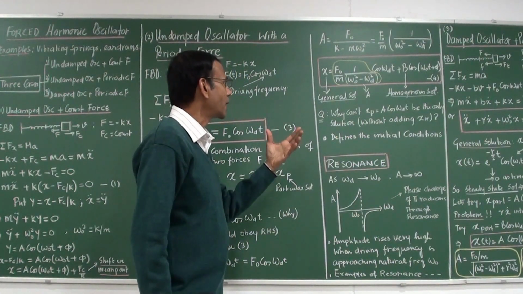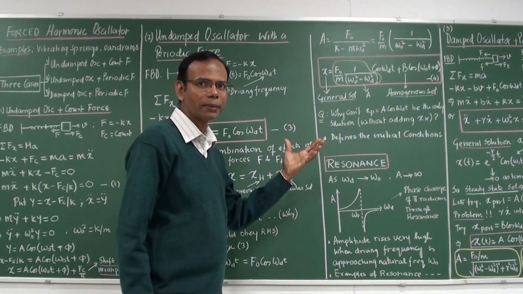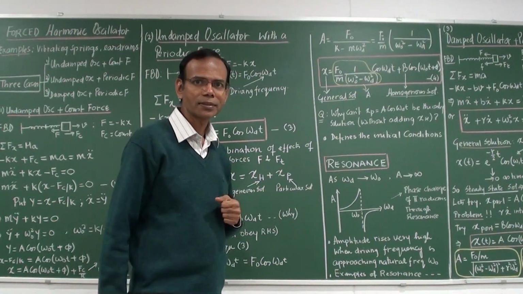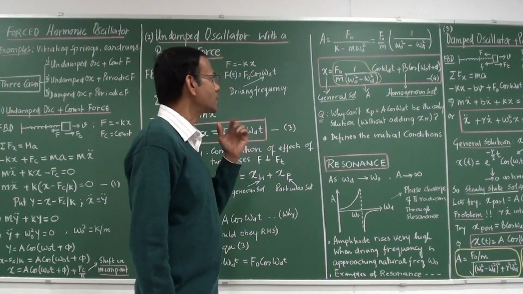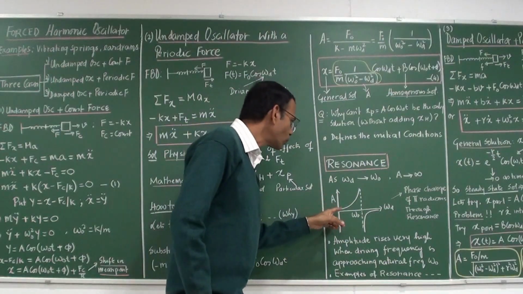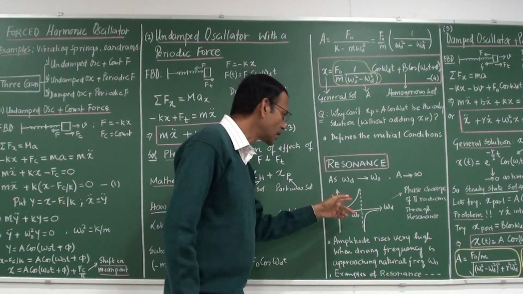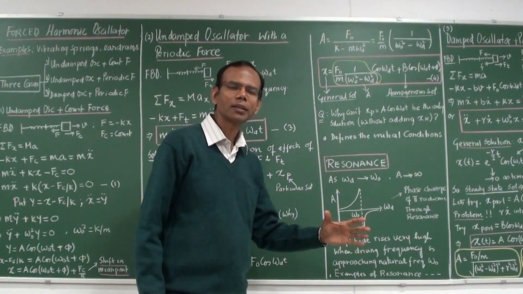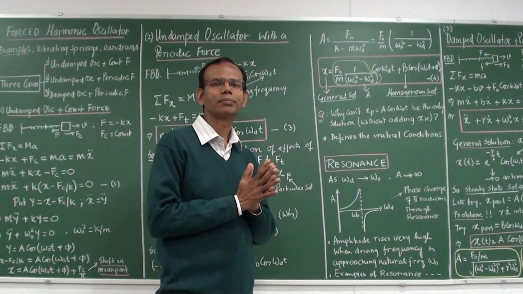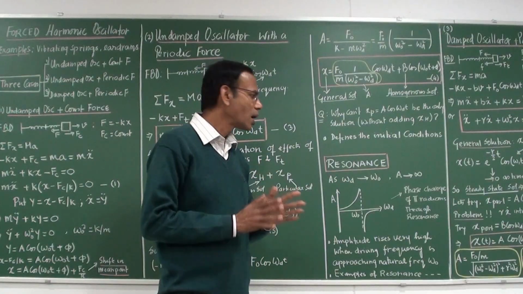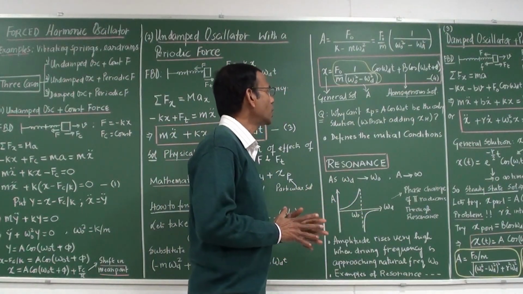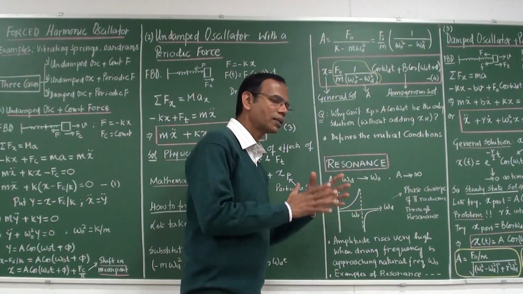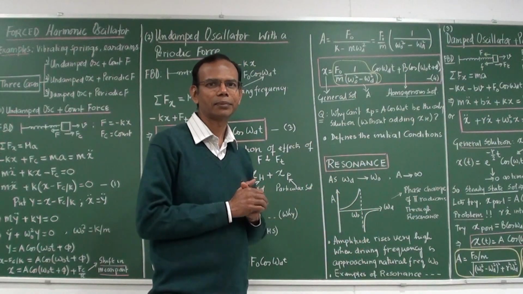Now even if I write cos omega dt plus pi, what is its significance? Its significance is that before omega 0, till omega 0, the force and the displacement are in phase. After omega 0, the force and the displacement are out of phase by pi.